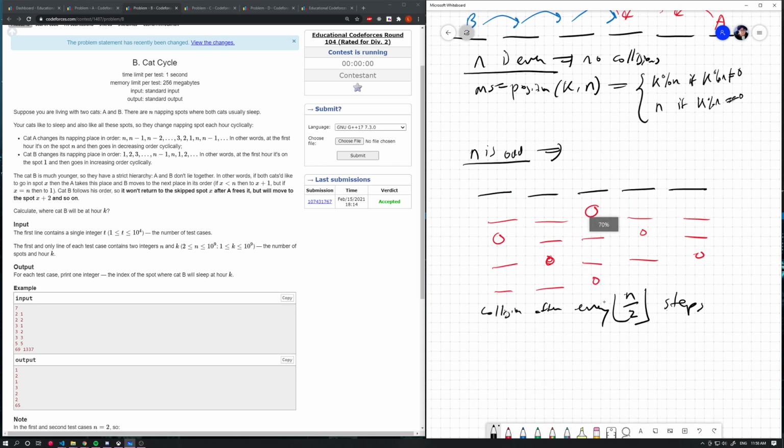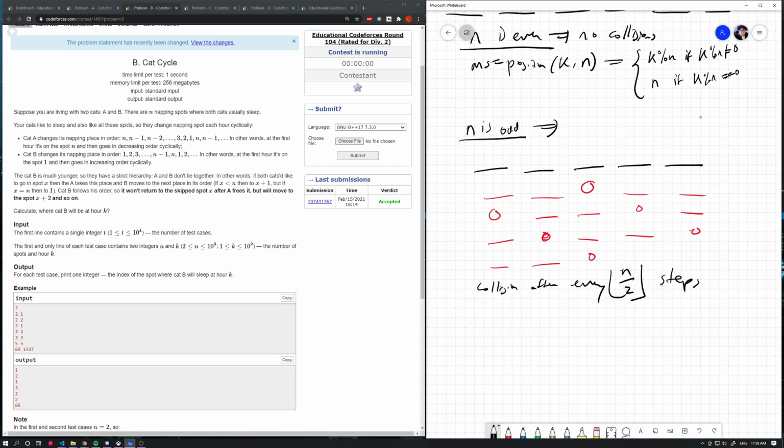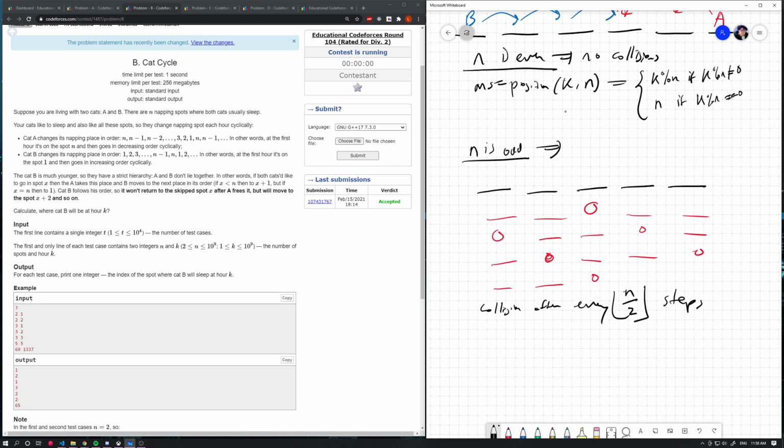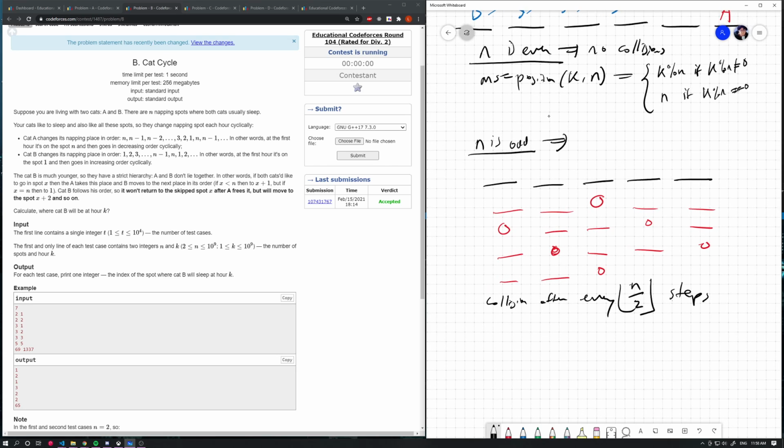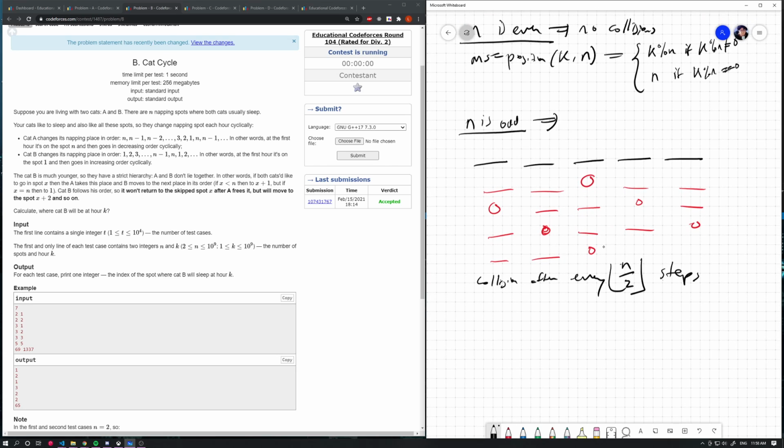So basically, after some k, there's going to be a predictable number of collisions, and then you just add that to k and call the same position function we had for even.